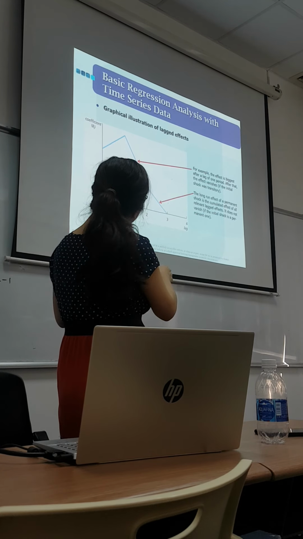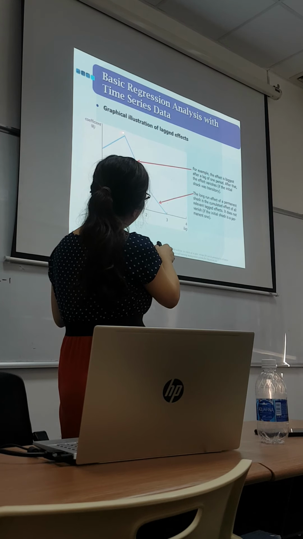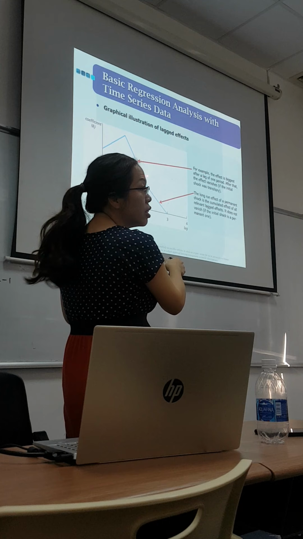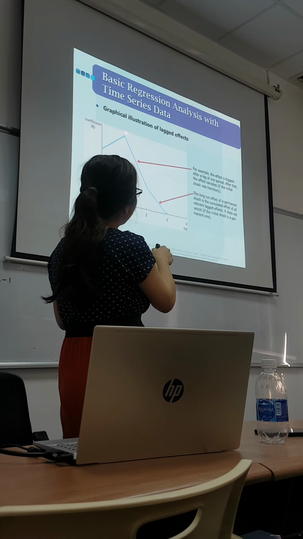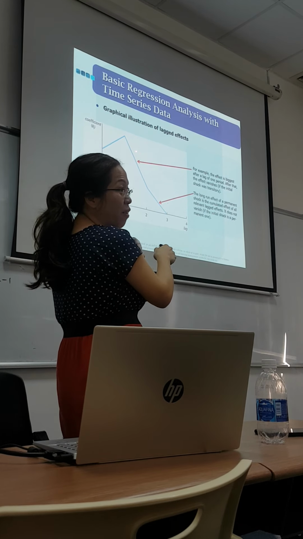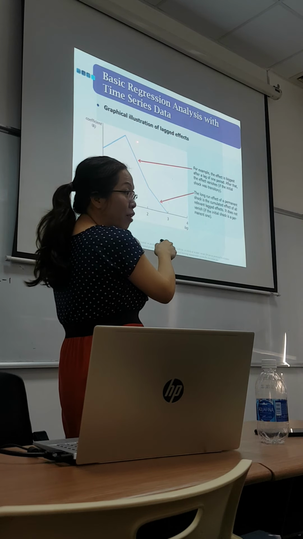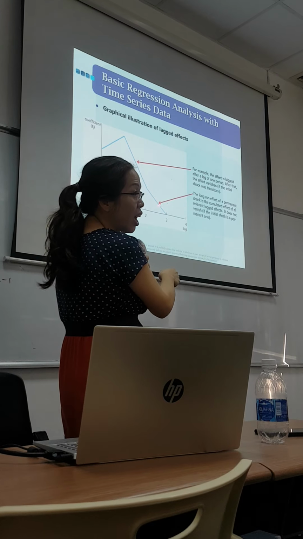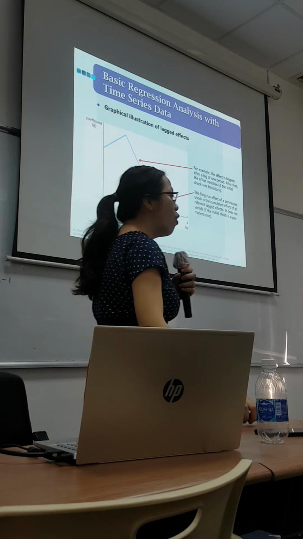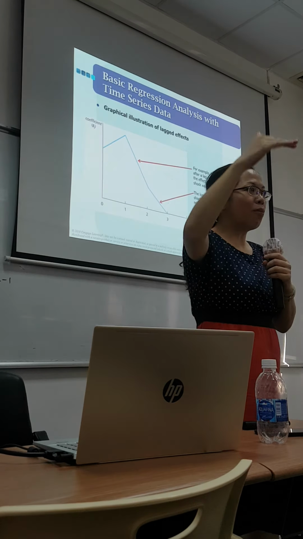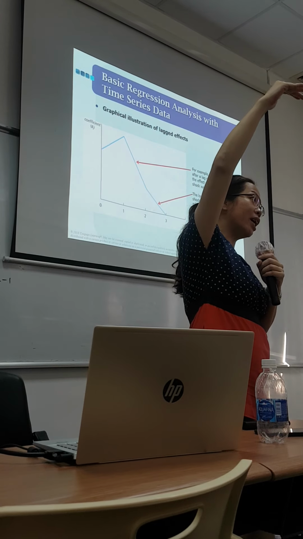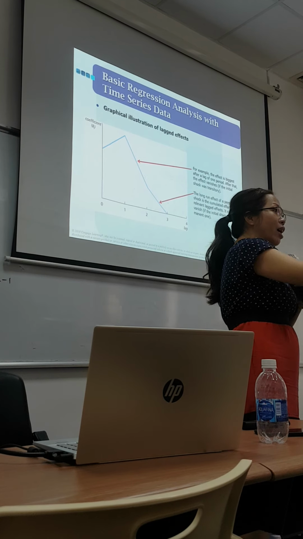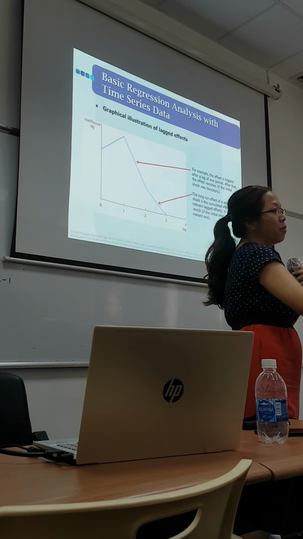So at lag 0 it is smaller, at lag 1 it's higher, but then the effect gets smaller. So in this example, you can say money supply of the previous year can affect the GDP at the highest, but 2 years after, it will affect GDP less, close to 0. So over time the effect is quite high at the beginning, and then it dies down. That's the transitory and then the permanent.